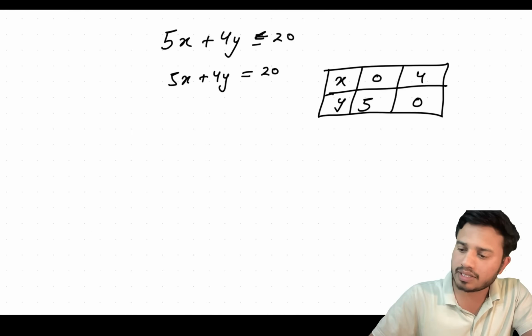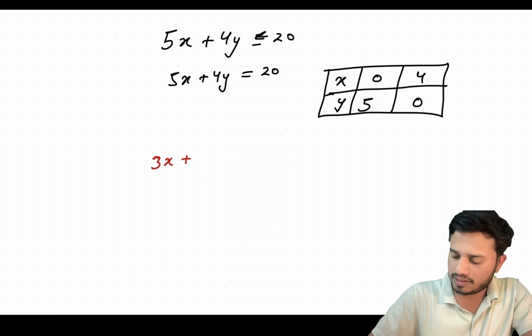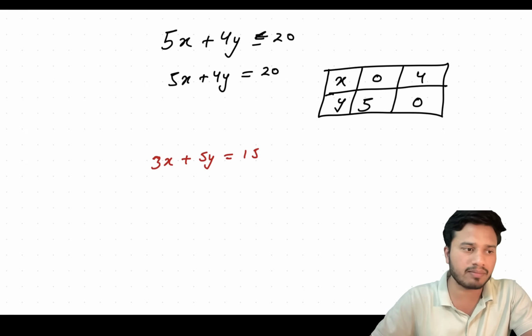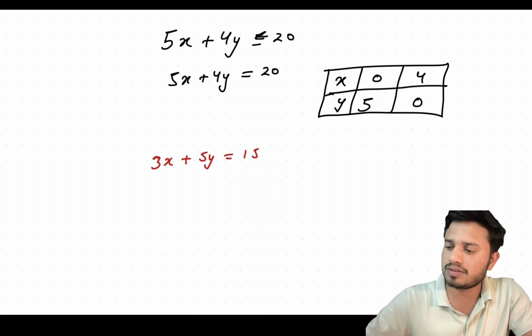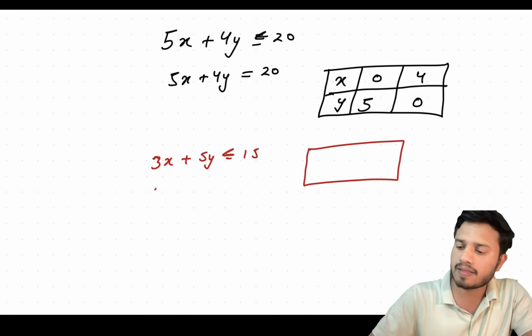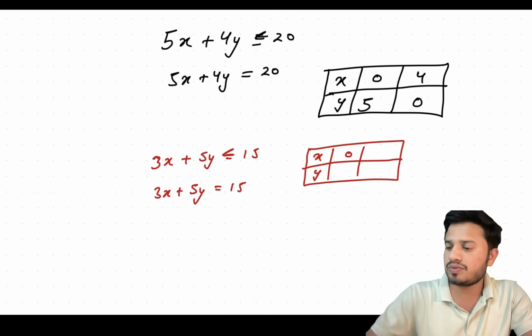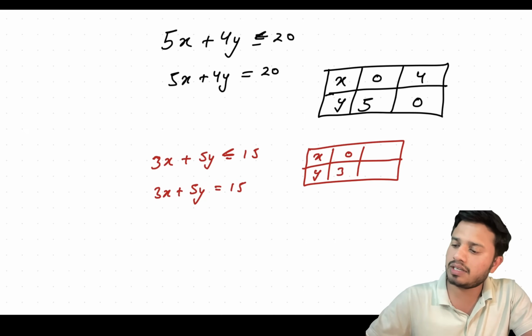Second question is x plus 5y less than or equal to 15, but again, first treat it as an equality. When x is equal to 0, you get y equals to.